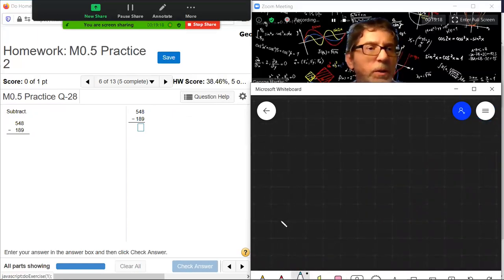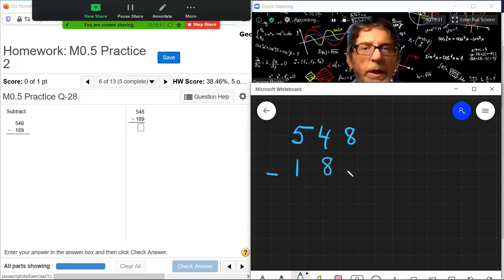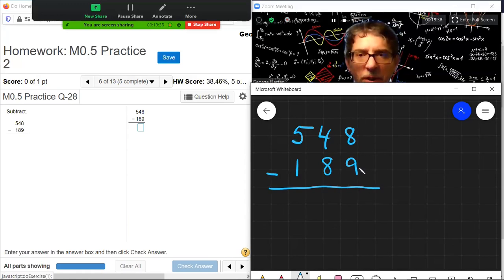All right, so we have another subtraction problem. 548 minus 189. So we're going to start from the rightmost digit.